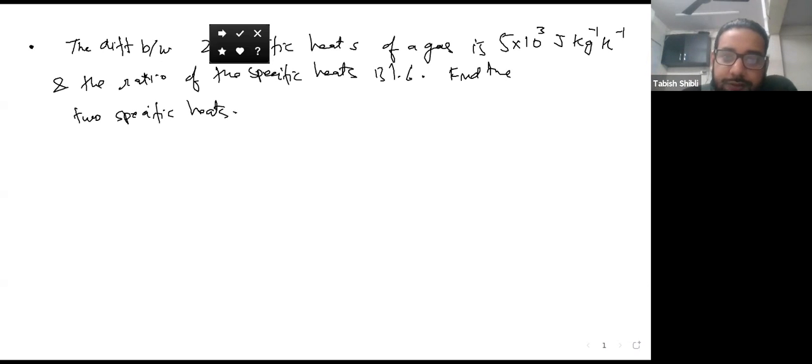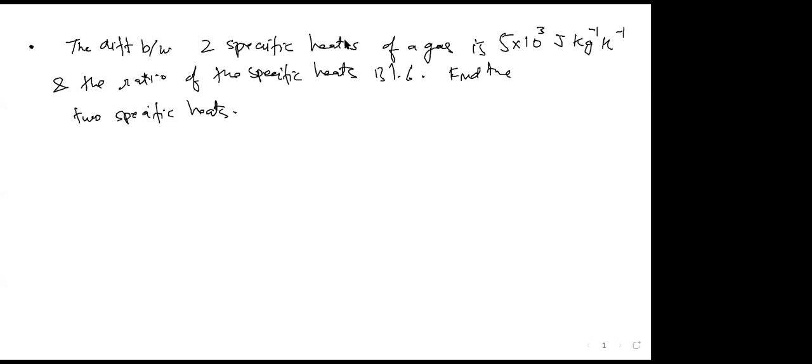Any thoughts on this? Yes, sir. Tell me. So it is that Cp minus Cv equals nR is given, and the ratio between Cp and Cv is given. So basically a linear equation.